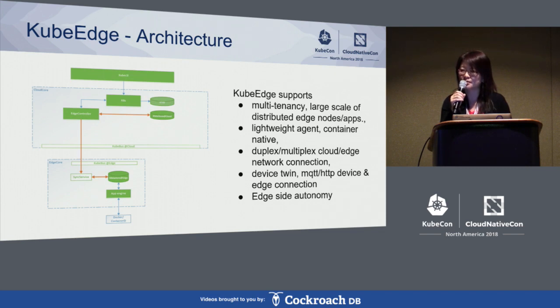We also rewrote the TCP stack as part of the software SDN, so that we can identify the nodes and they can connect together. The other thing I want to call out is we have a store on the cloud as well as on the edge. The stores on the edge and the cloud side are synced together. That's the way for us to address the autonomy problem.